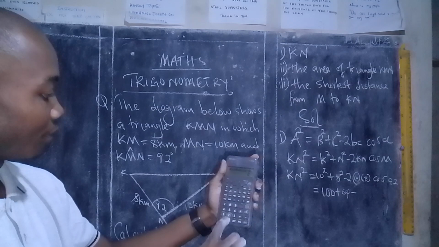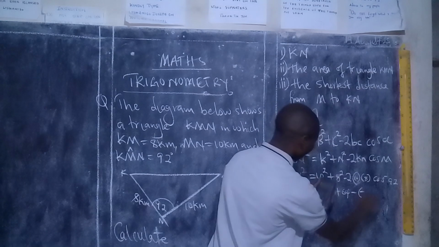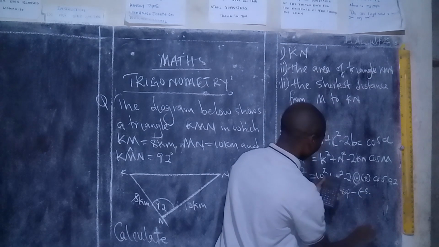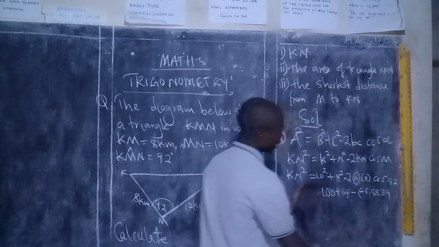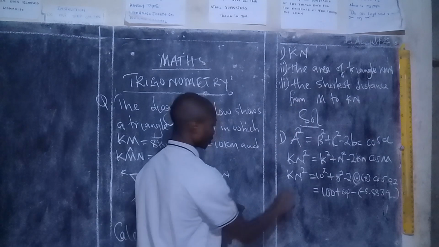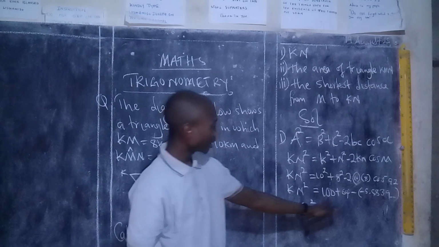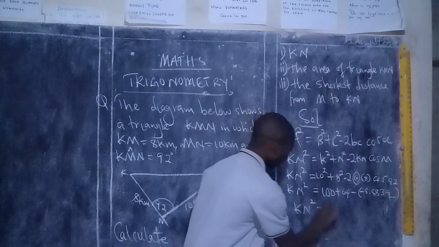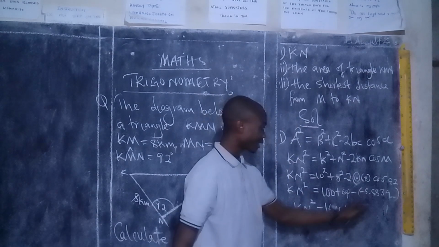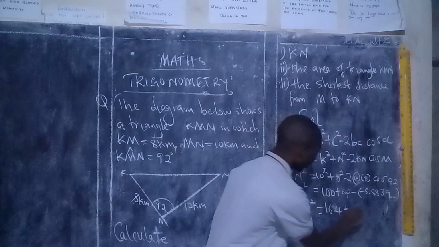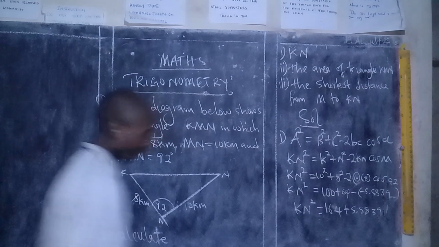So you have 92 there, equal to negative 5.5839. Then KN squared equal to, 100 plus 64 should give us 164. Write 164. And this will change to plus because this time it gives us positive 5.5839.